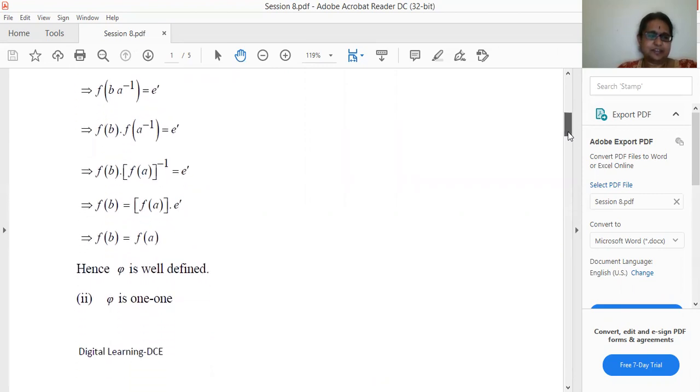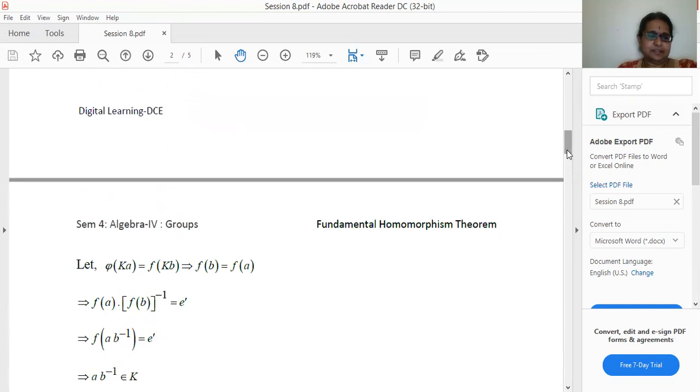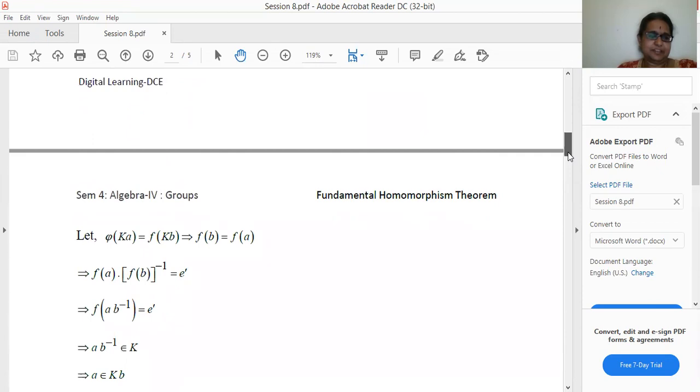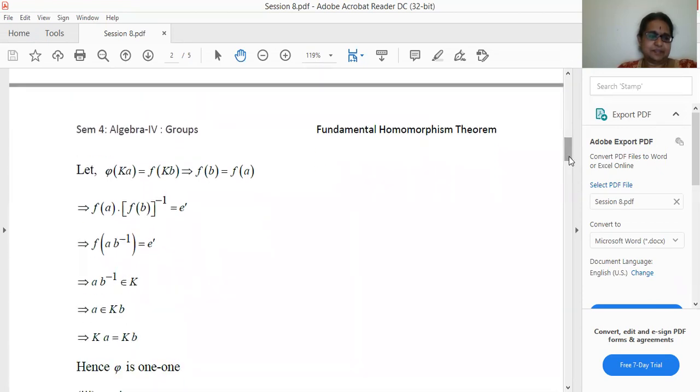Next, we have to show that phi is 1 to 1. So let phi of Ka be equal to phi of Kb. This implies F of B is equal to F of A. So F of A dot F of B inverse is equal to E dash, which implies F of AB inverse is equal to E dash, or AB inverse belongs to K. When AB inverse belongs to kernel K, it means A belongs to KB.